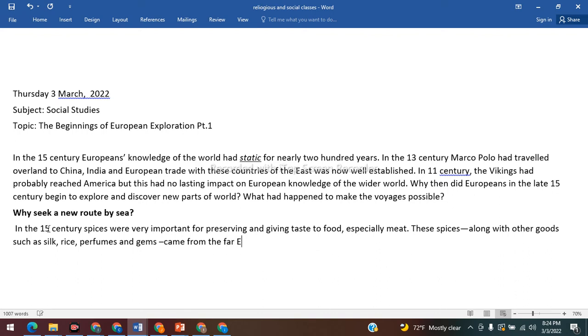So why did we need to get to the East, or at least trade with them? Because we're getting the goods. We need spices to preserve our meat. We need all the niceties: the silk, the rice, the perfumes, the gems. They're coming from the East. And so we need to trade with them at least, or find some territory in the East that we could make ours, so that we could have these spices and gems and all of that.